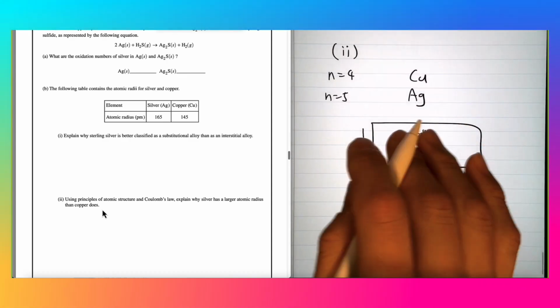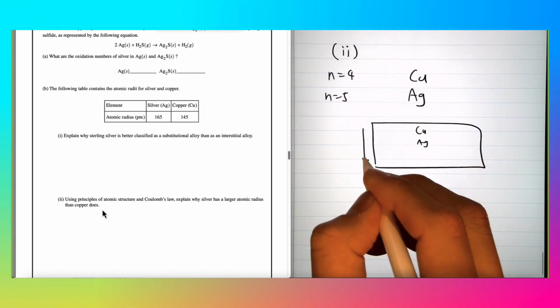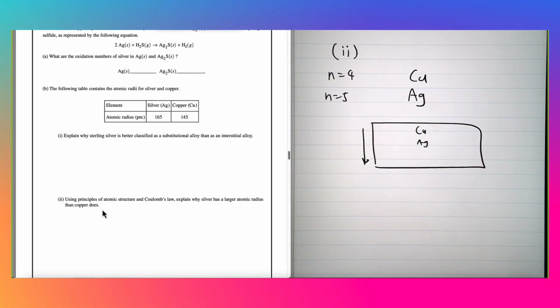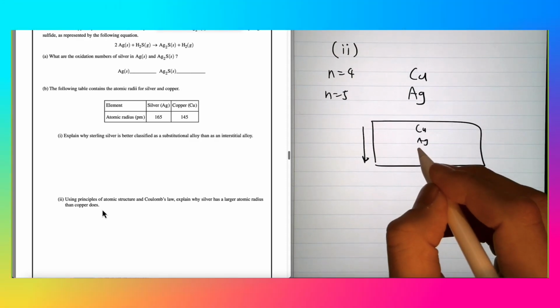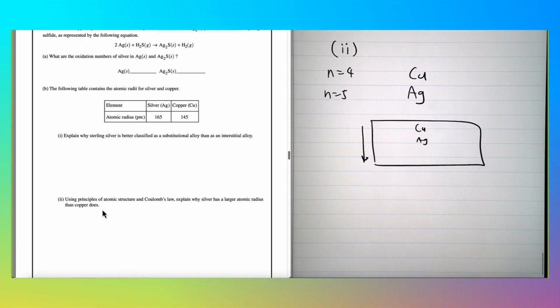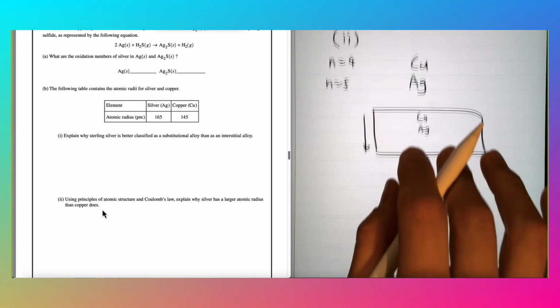Another way I can describe it is that as you go down, you have more electron shells, which has to do with the higher principal quantum number. So you have more layers of inner electrons that can contribute to pushing the outer electron, making the atomic size even bigger. So you just have to explain it that way.